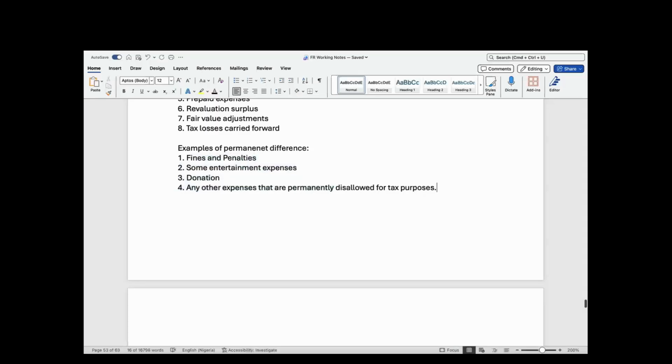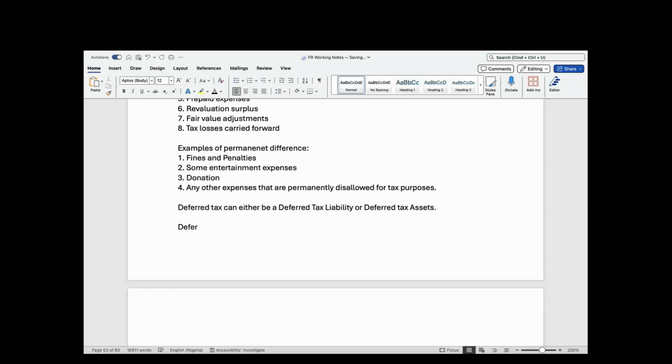Again, the same way you have current tax liabilities and current tax assets, we have deferred taxes, which can either be a deferred tax liability or a deferred tax asset.